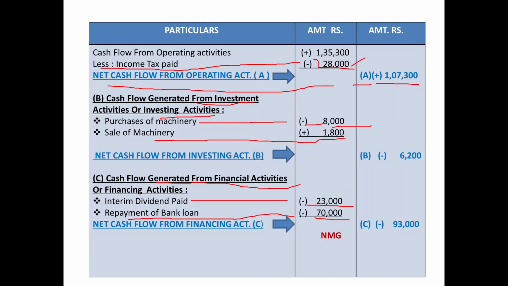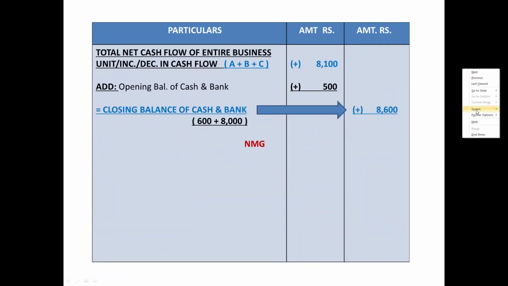B, cash flow generated from investing activities. Two items are there and the total net cash flow from investing activities B is minus 6,200. Then C, two items are there, net cash flow from financing activities C is minus 93,000. So we got the three figures A, B and C. Final picture of the entire business, A plus B plus C. What does it indicate?